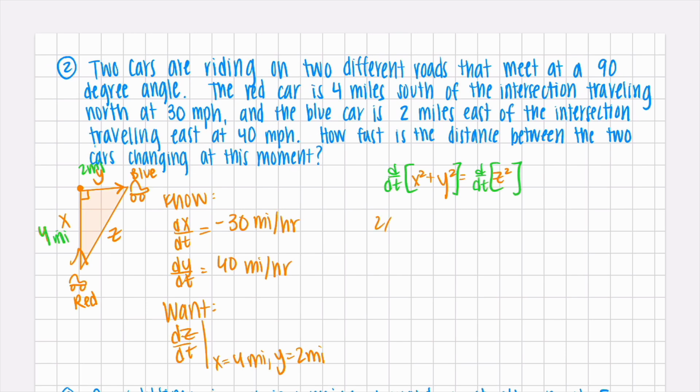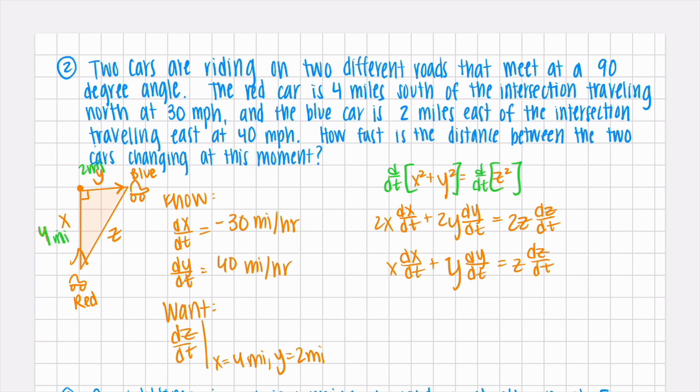So I get, similar to the other problem, 2x dx/dt plus 2y dy/dt equals 2z dz/dt. And I'm going to divide by 2 to make it simpler. x dx/dt plus y dy/dt equals z dz/dt.